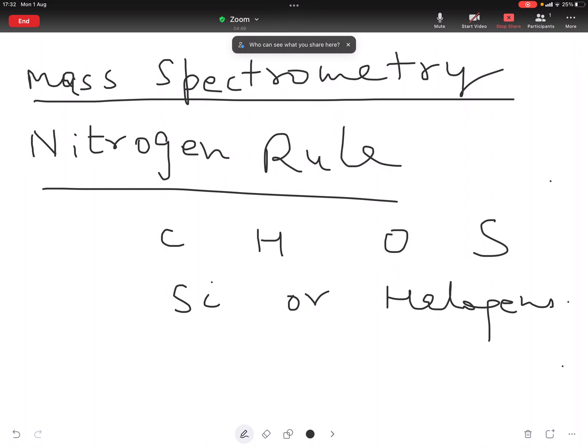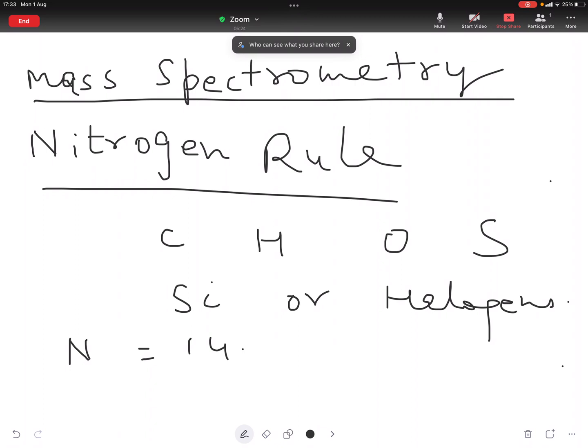The nitrogen rule can be used as illustrated here because of the fact that nitrogen has an even atomic weight and an odd valence, whereas all other elements encountered in mass spectrometry have either an even mass and an even valence or an odd mass and an odd valence.